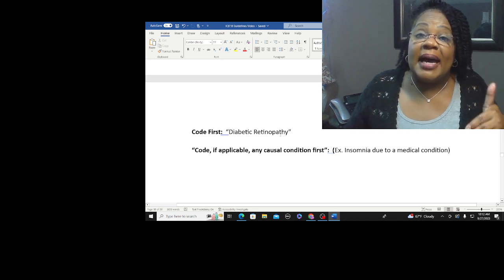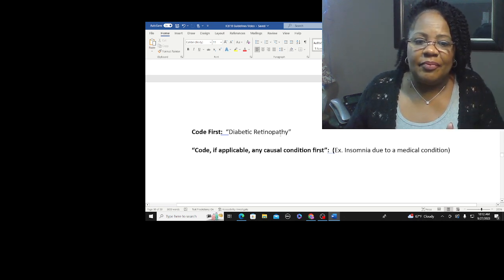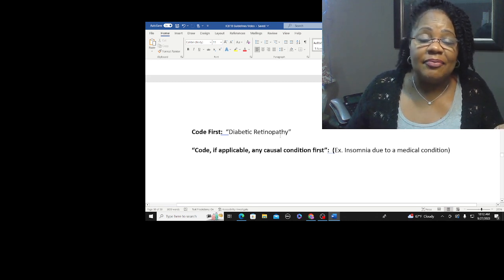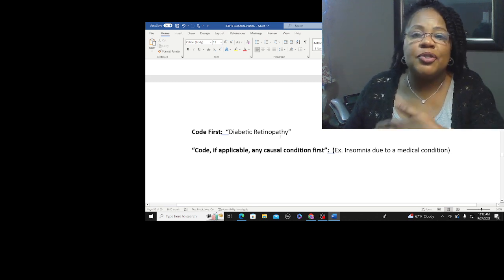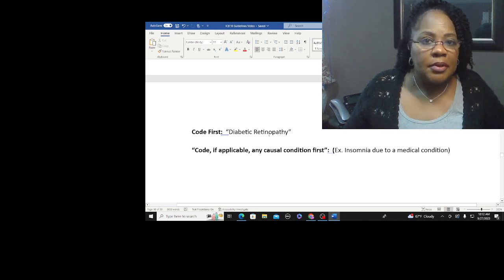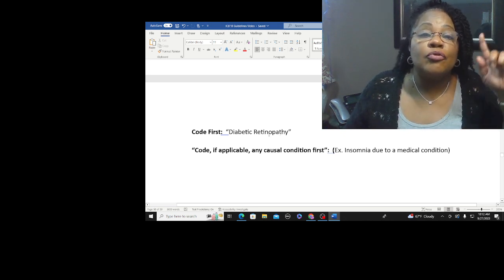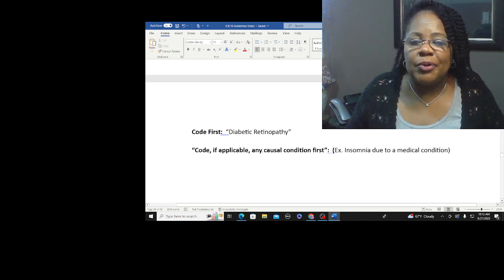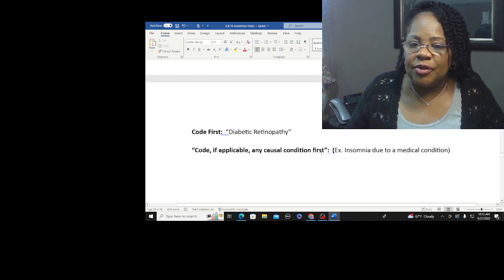But in the case of a diabetic retinopathy, then it's letting me know that due to the patient's diabetes, now they have retinopathy. So when I go to code it, retinopathy diabetic, it's going to tell me, see diabetes first, code first, diabetes. And then code, if applicable, any causal condition first.